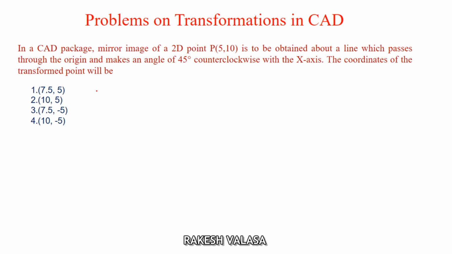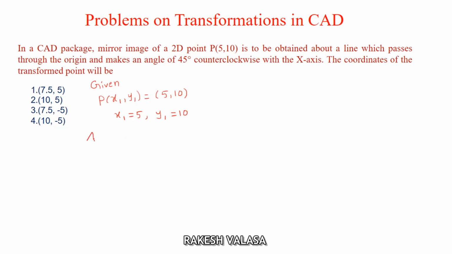Okay, first write the given data. Given data is P of (x1, y1) equal to (5, 10). That means x1 equal to 5 and y1 equal to 10.